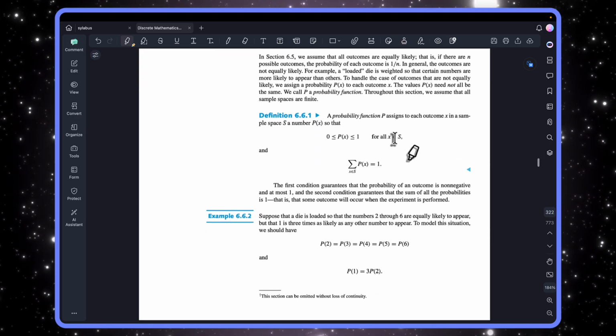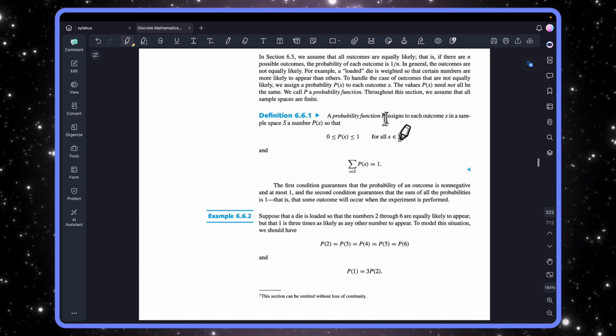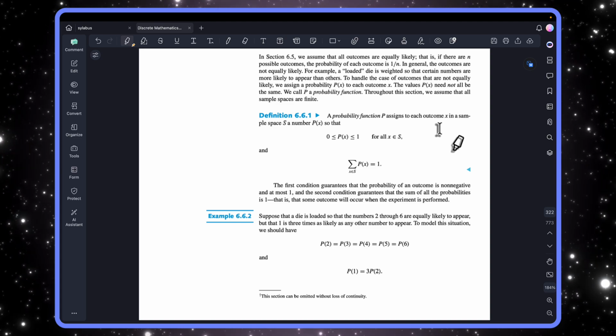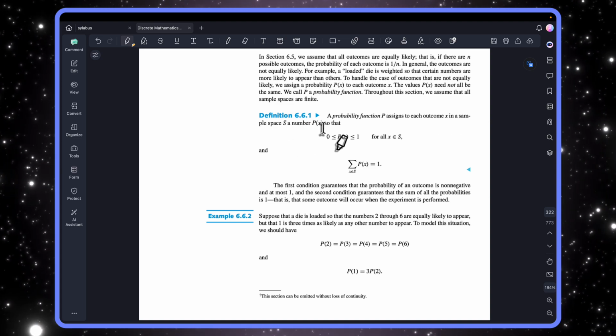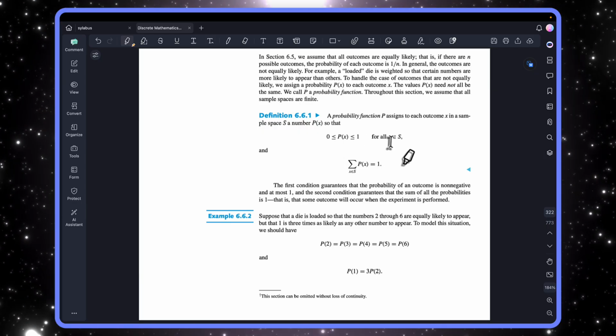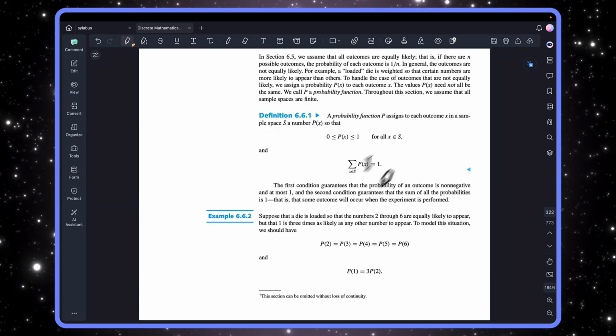So here's a definition. A probability function assigns to each outcome x in a sample space S a number p of x, so that it's between 0 and 1 for all x in S, and that if you add up the probabilities, you get 1.